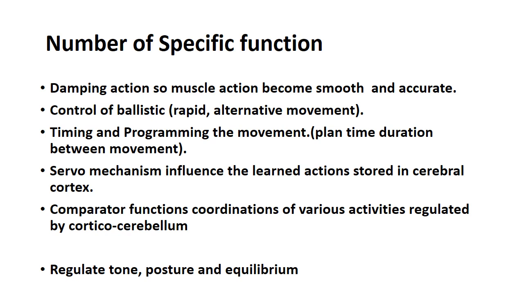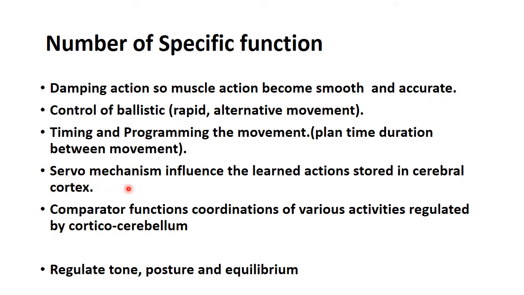So there are a number of specific functions which are assigned to the cerebellar function. Number one, damping action. So the movement of the muscle is smooth and accurate. Control of the ballistic rapid alternating movement. Timing and programming of the movement is very, very important, so there is no overshooting or undershooting.